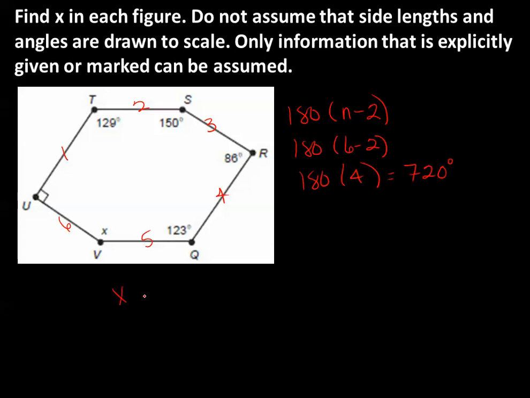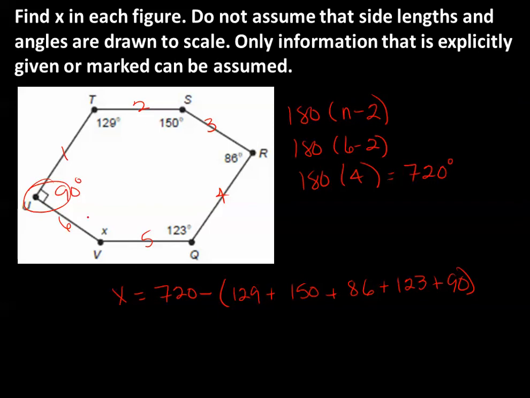So I come down here, say x equals 720 minus 129 plus 150 plus 86 plus 123. Oh, don't forget this guy right here. That's 90 degrees.